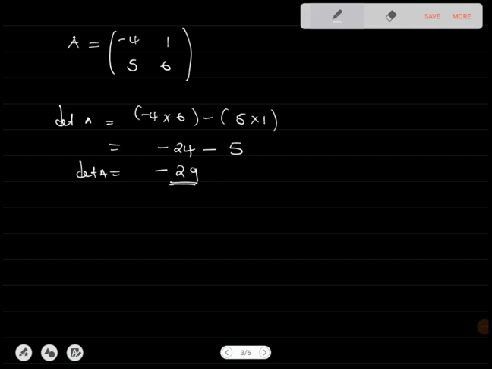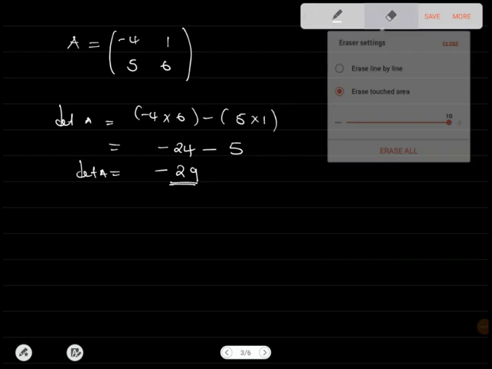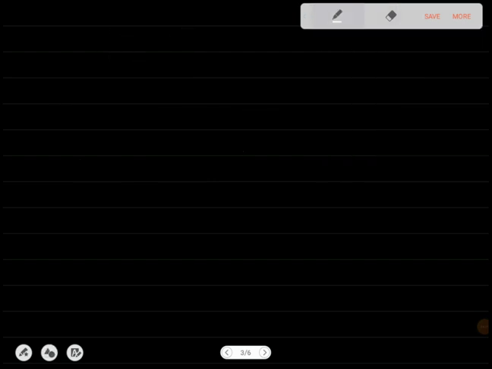Now, there are other practical examples where you've been given the determinant. For example, given that matrix A is x, 2, 3, 5, and it has a determinant of 4, find x. How can you do that?